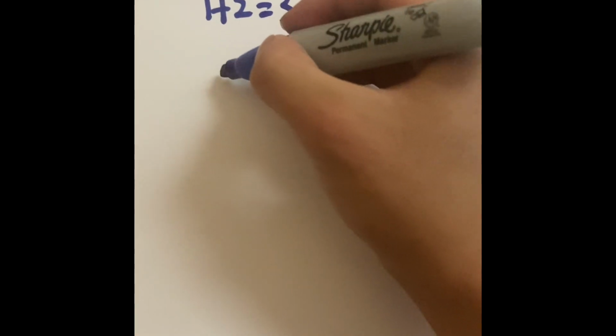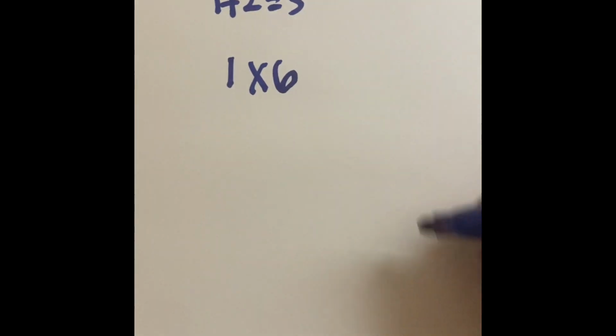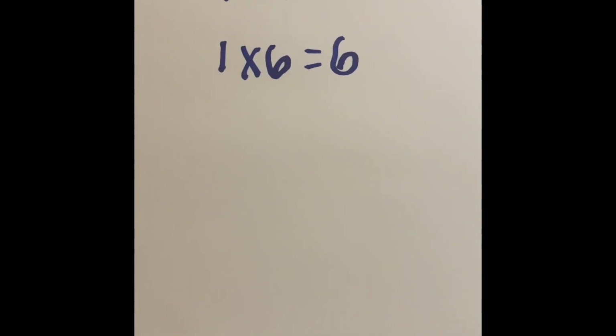When you add 1 plus 2, it equals 3, which you probably learned in elementary school. What if we say 1 times 6? That would equal 6, also from your elementary years.